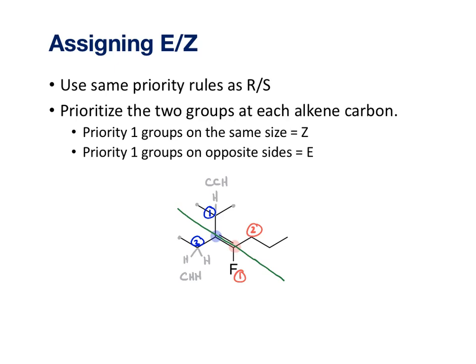Then look and see where your priority 1 groups fall. 1 is on this side of the line, 1 is on the other side of the line. They're on opposite sides, so that is the E configuration. This is an E alkene. If they were on the same side, it would be the Z alkene.